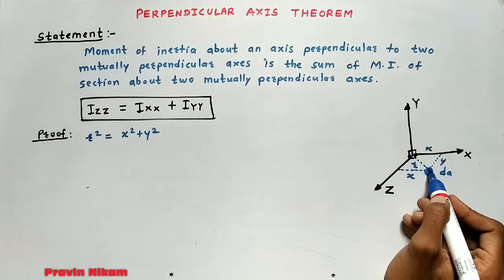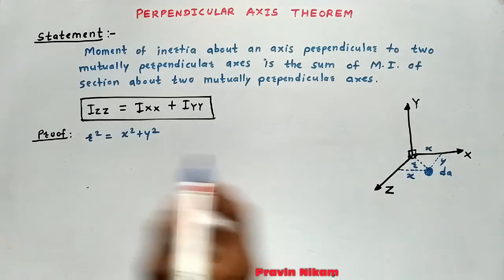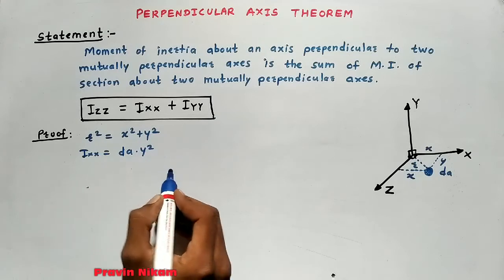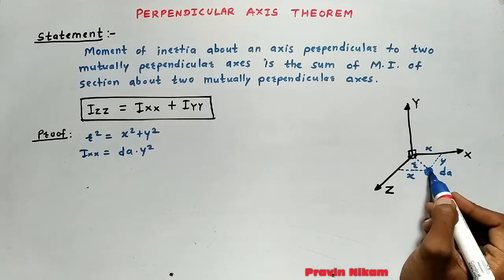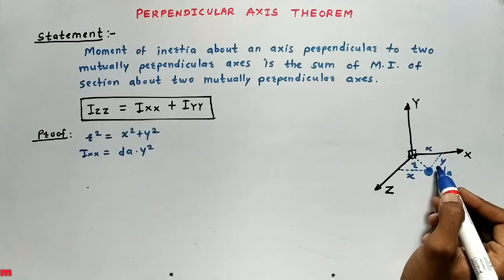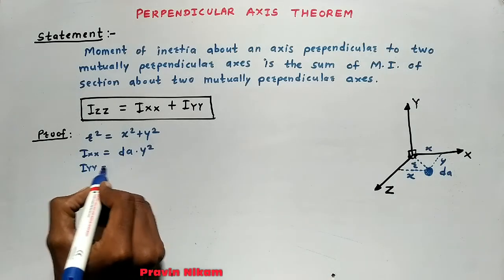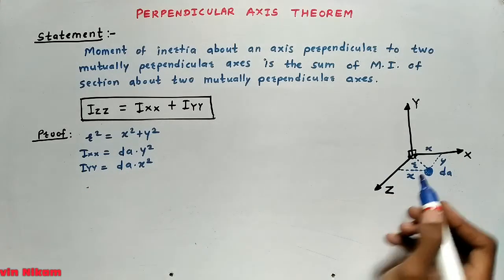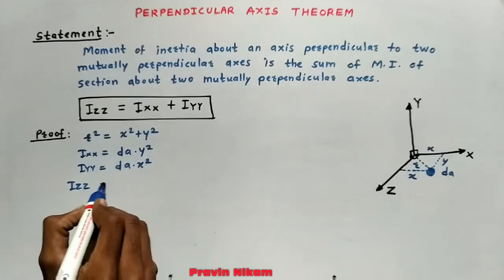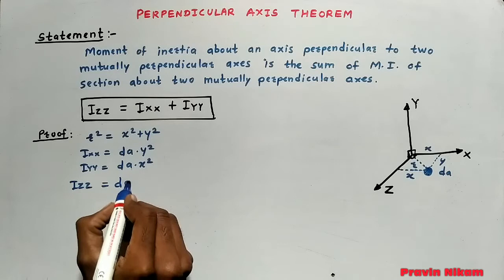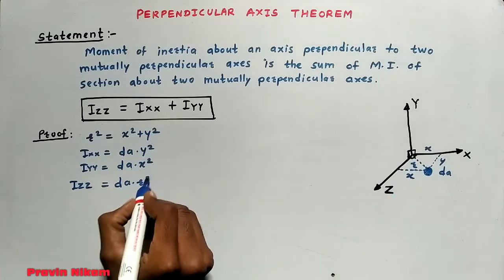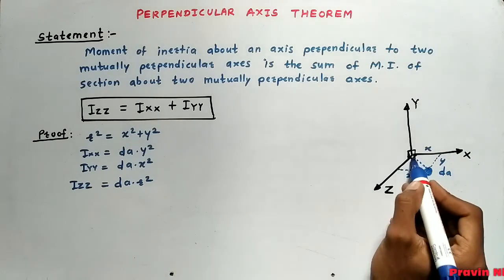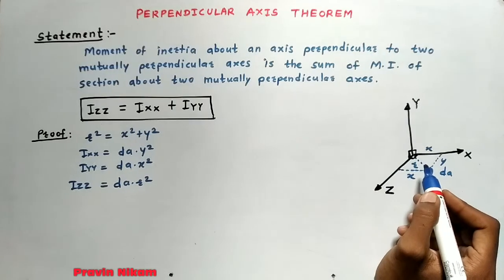Now Ixx of this small area dA is dA into y square, and Iyy is dA into x square. Now what is Izz? Izz is equal to dA into r square, because the perpendicular distance of this area from z-axis is r.